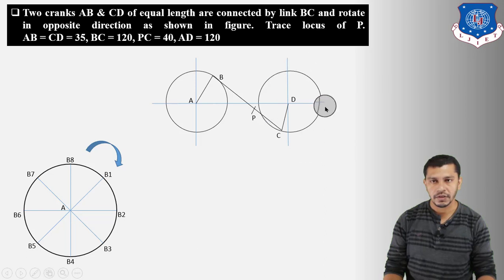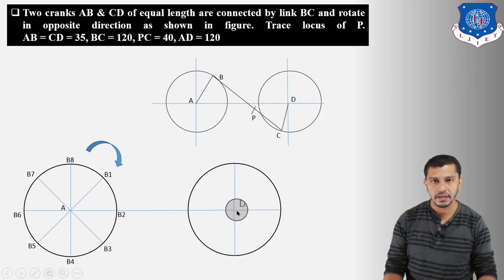Now draw the circle which has a center D, and the distance of center D from A is 120 mm. So from A, measure 120 mm and mark D, and draw a circle having center at D and radius equal to 35 mm.